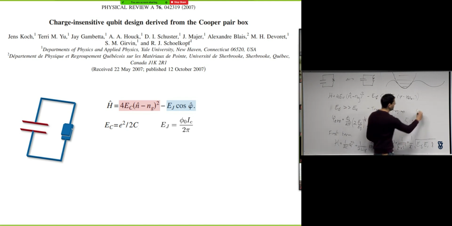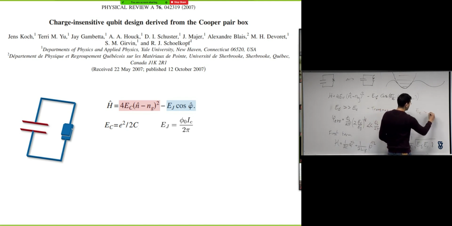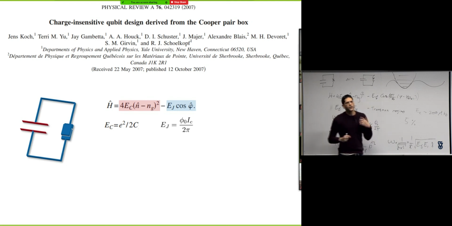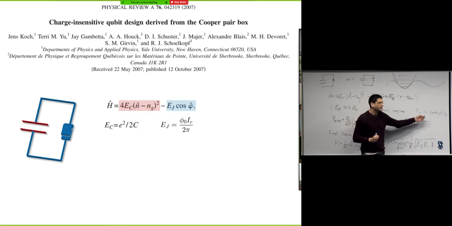okay, so EC is around 200 megahertz or maybe 300 megahertz, that's 5%, that is a nice sweet regime where you're almost completely insensitive to the charge, and you can do pulses on the order of tens or hundreds of nanoseconds.